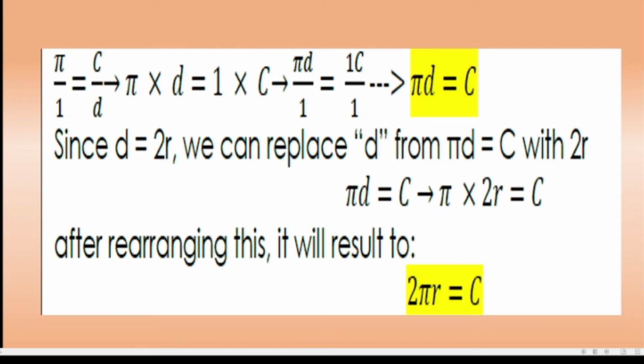Pi D is equal to C, going to pi times 2R equals C. After rearranging this, it will result to 2 pi R equals C.